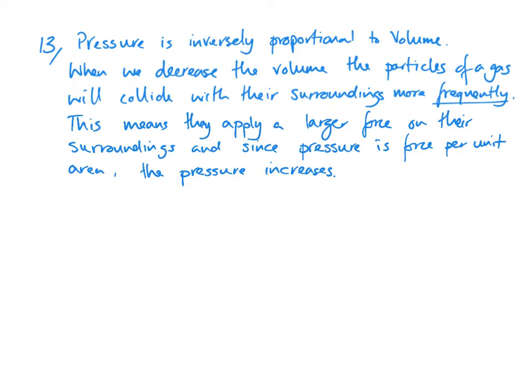We're going to ignore them and just concentrate on this idea of the more frequent collisions. So that's why when you decrease the volume, the pressure increases. We could reverse this whole argument: when you increase the volume, they collide less frequently, they apply a smaller force. Pressure's still force per unit area and the pressure decreases. So that's the first one done.